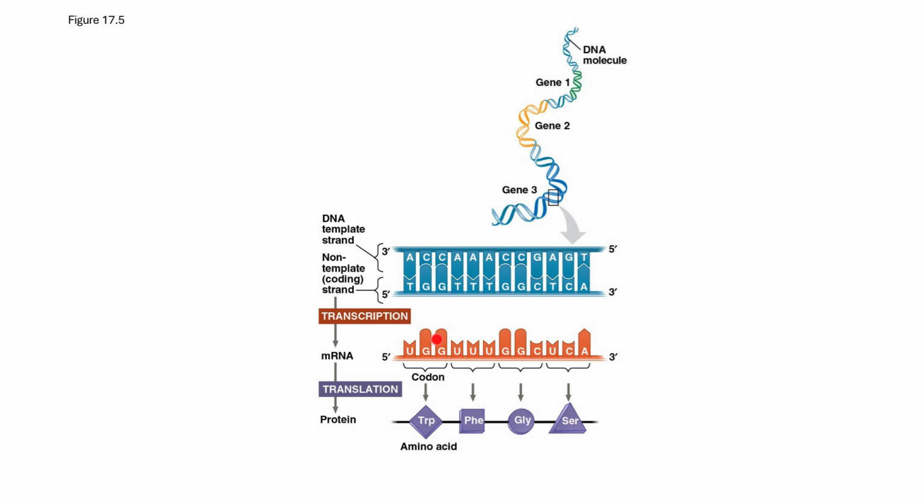For every codon, there is 1 amino acid that is going to be placed together to make the protein. Now, translation is going to occur in the cytoplasm on a ribosome, and that is where these codons are going to be read in order to put the correct amino acid, and we'll be talking about how that happens later on.